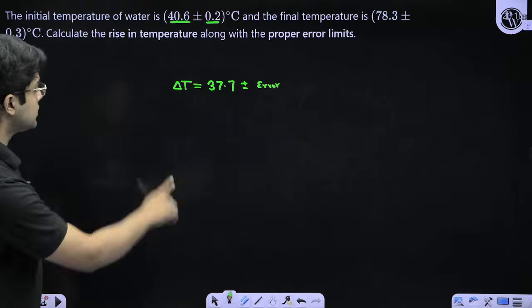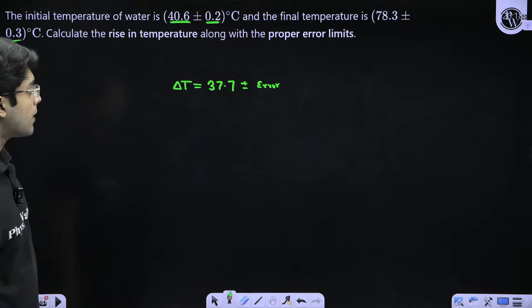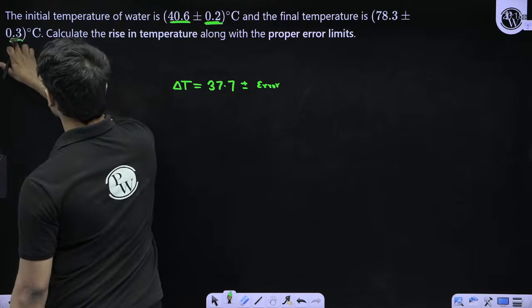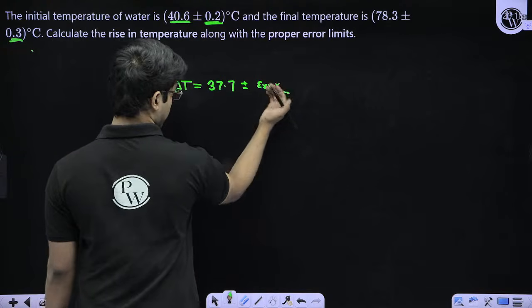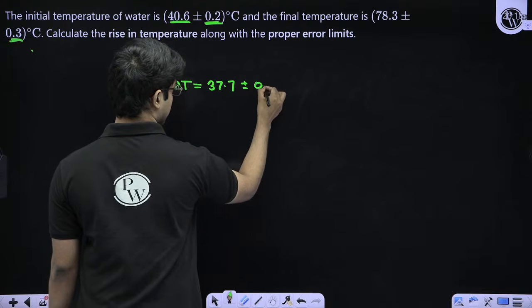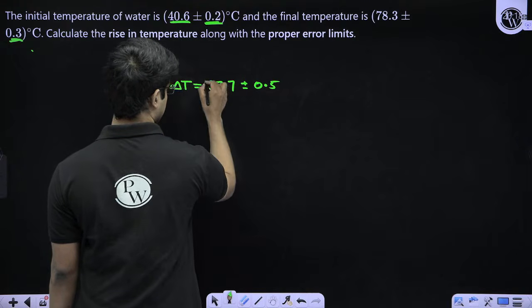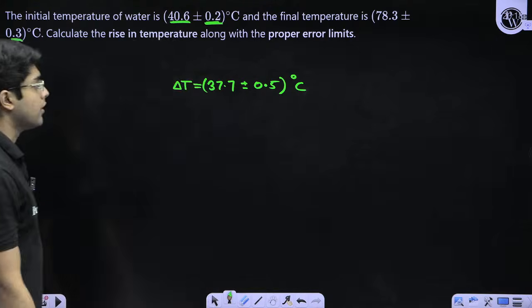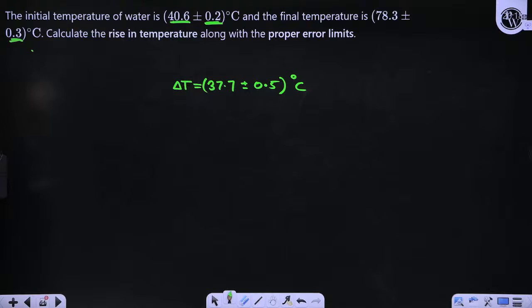Here we are just subtracting, so absolute error gets added up. So 0.2 and 0.3, you simply add it. So this will be 0.5 degrees Celsius. Because we are subtracting the two temperatures, the absolute error will get added up.